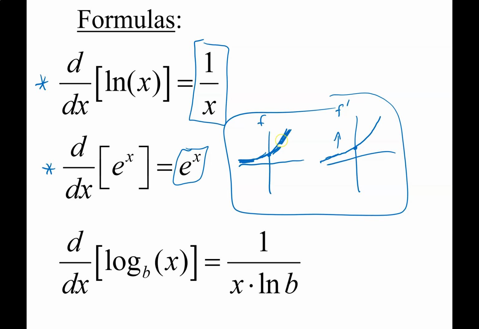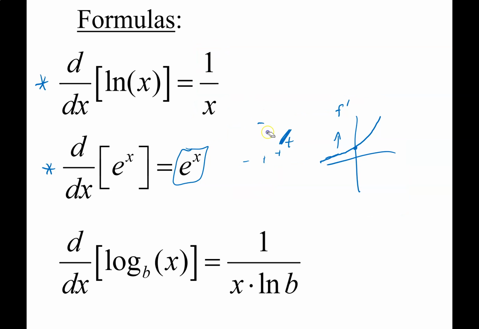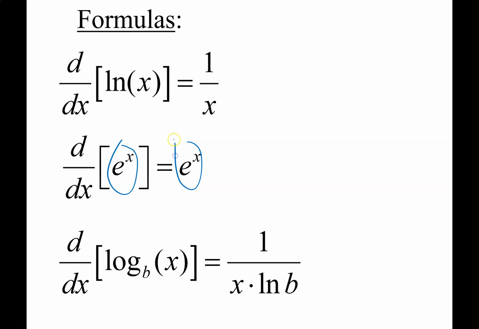They're positive and increase in value. So if you're in my class and you did that activity and you're wondering why the one had the same f prime graph as the f graph, that's because the function I gave you was actually e to the x, and e to the x is its own derivative.